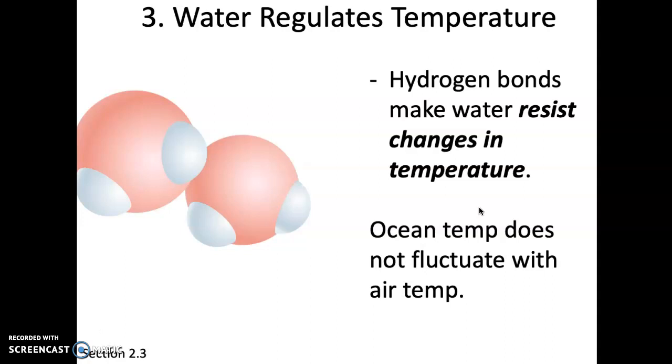Wouldn't that be nice? So these bonds are going to be able to resist that temperature, and they're going to be able to keep that cool temperature of water, which is probably like, what, 52, 54 around here? That's what it is. Very important.